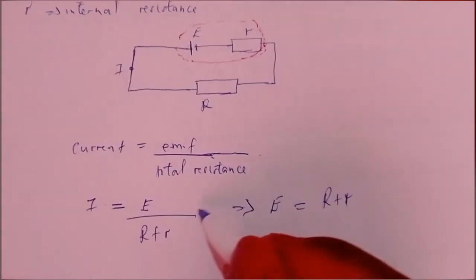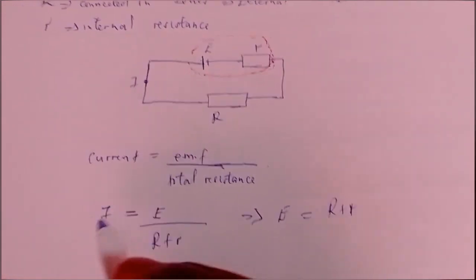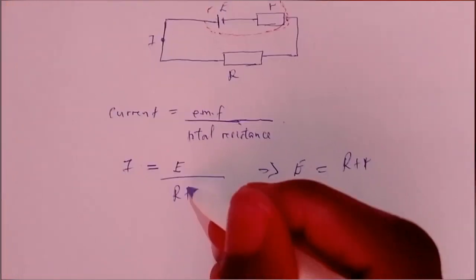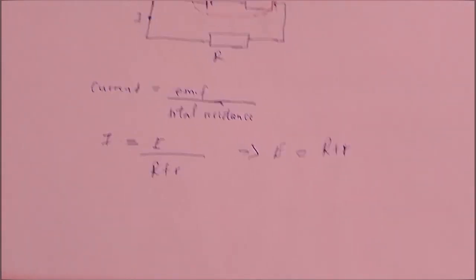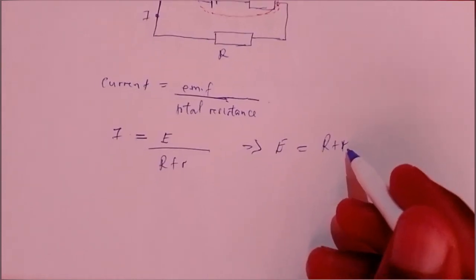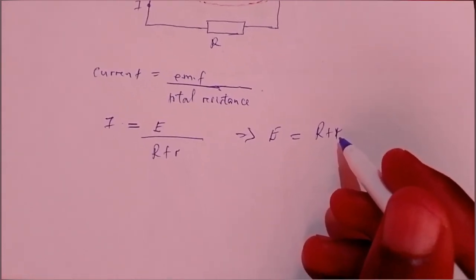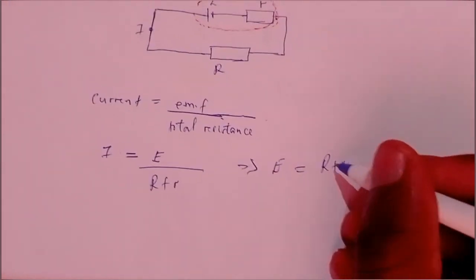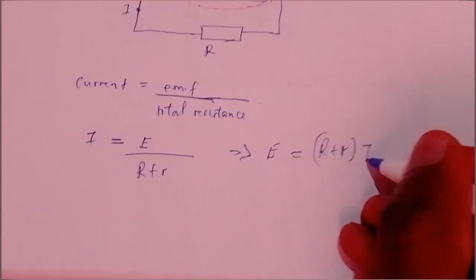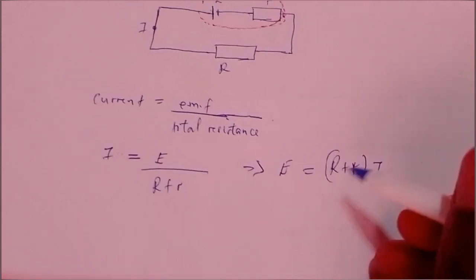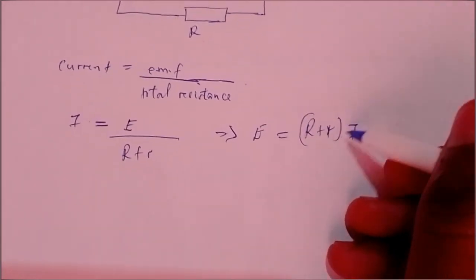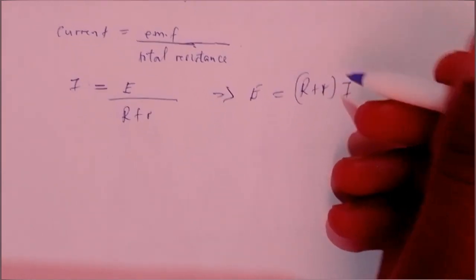Thus, we can say that E is equal to I times R plus r. Remember, you can multiply both sides by R plus r to get rid of the denominator capital R plus small r. So the EMF is given by R plus r times I, the current.